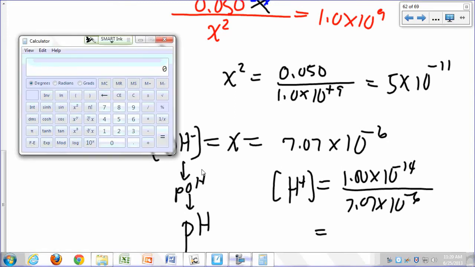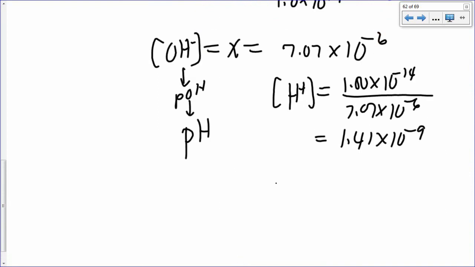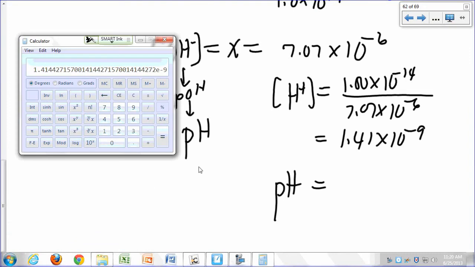That equals 1.41 times 10 to the negative 9. And your pH is the negative log of that, which is 8.85.